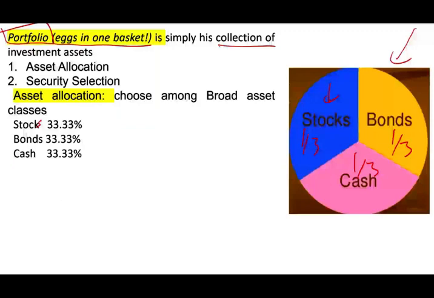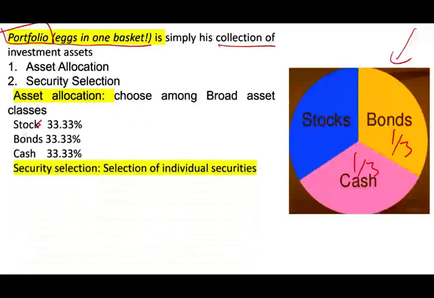Now, once we have the asset allocation, let's talk about stocks. Now we need to go into security selection. What is security selection? For example, in stocks, we have to figure out the different types of stocks we want to invest in. For example, this 33% of stocks will have to choose individual stocks. Do we want to invest in software companies?